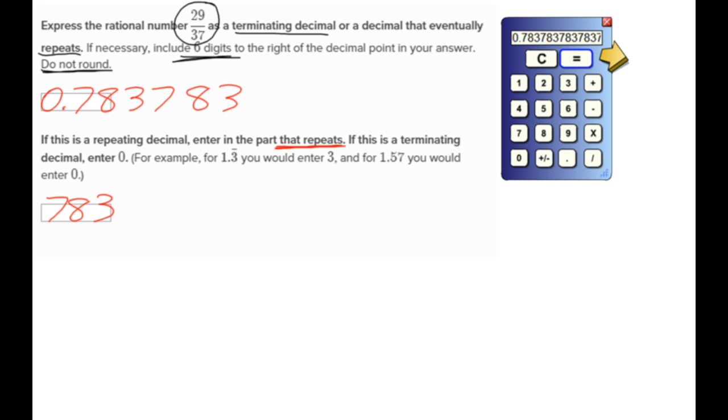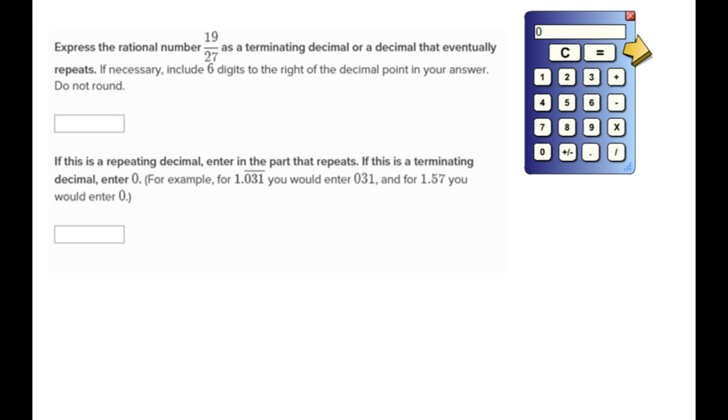Let's take a look at another problem. Here we have 19/27. So 19 goes in the calculator first, divided by 27 equals, and I get 0.703, 703, 703.